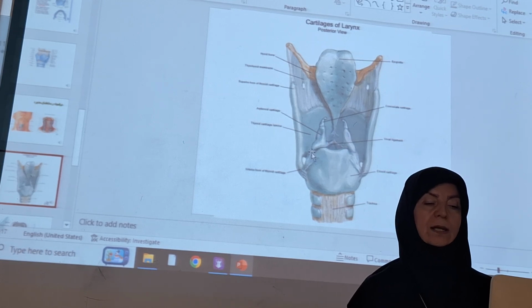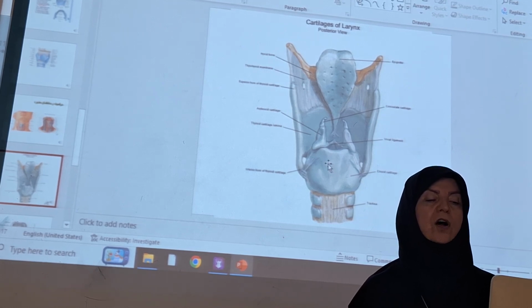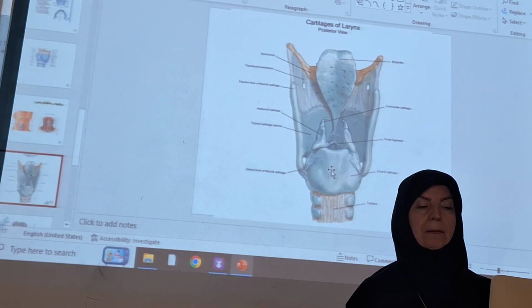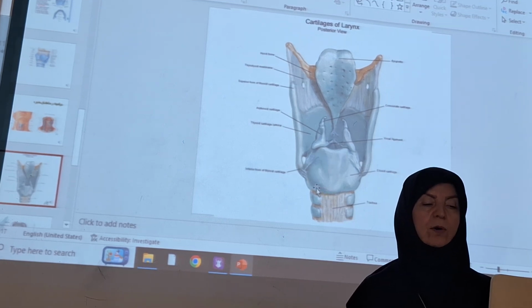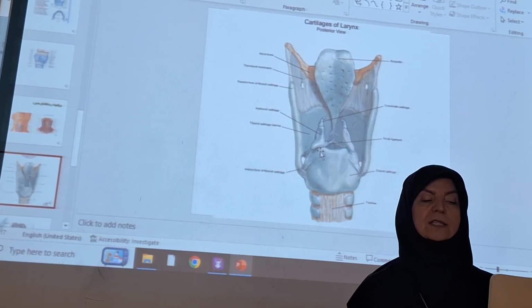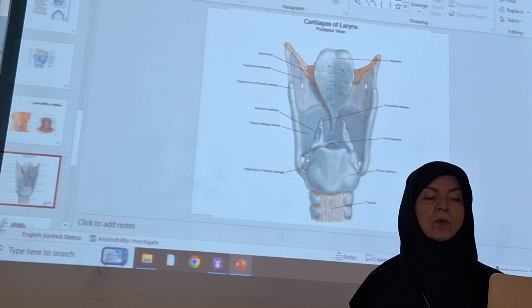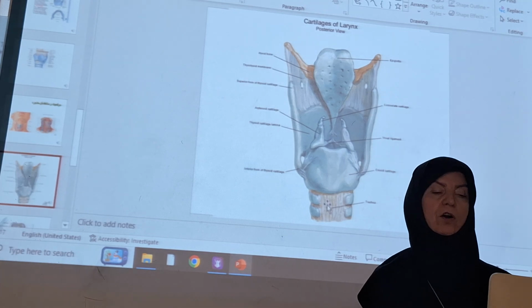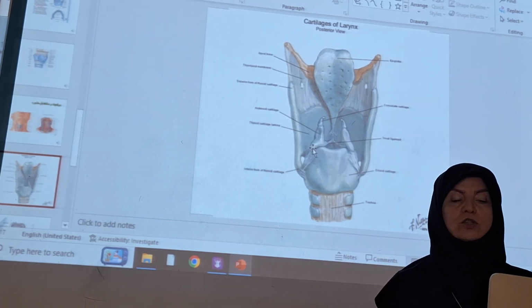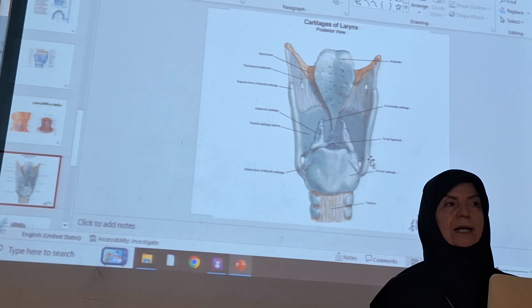Arytenoid, the base of the arytenoid is going to make a joint with the lamina of the cricoid cartilage. Here is the lamina of the cricoid cartilage. On the superior border of the lamina, on each side you have an articular facet. This articular facet on the superior border of the lamina of the cricoid is going to make a joint with the base of the arytenoid cartilage.